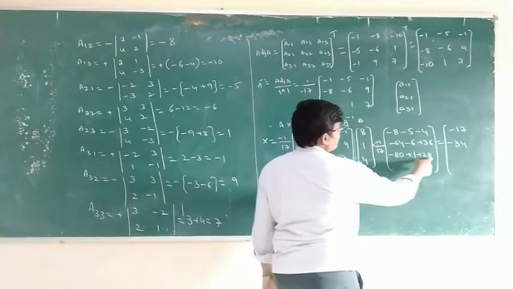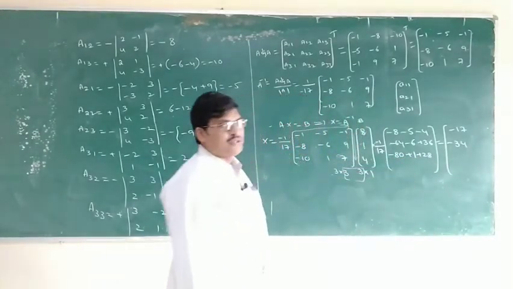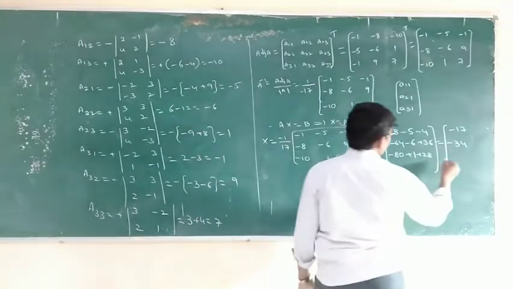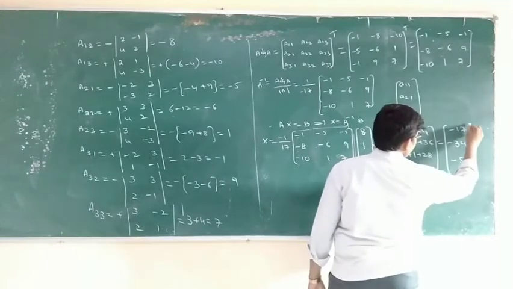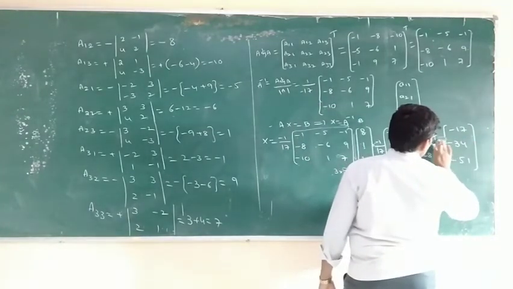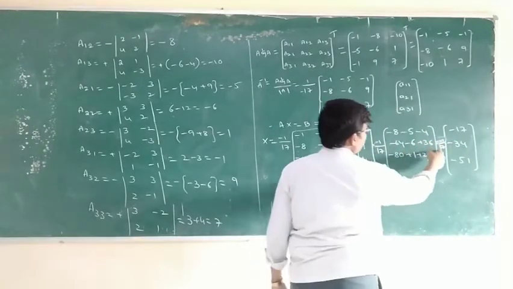Next, minus 80 plus 1 plus 28: 29 minus 80 is minus 51. Minus 1 by 17 is common.